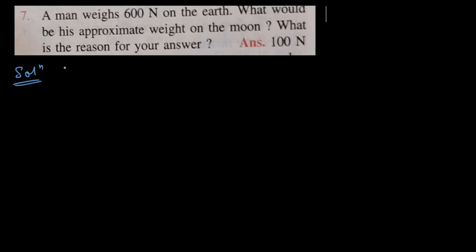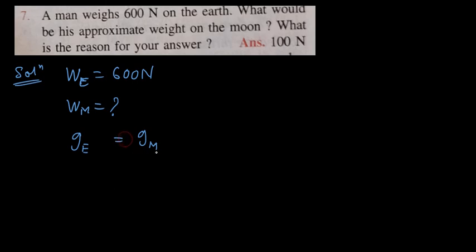Moving on to the next question over here. The weight on Earth is given as 600 Newton and the weight on moon is asked. Now we know that if you compare the acceleration due to gravity on Earth and on the moon, the acceleration due to gravity on the moon is 1/6 of that of Earth.